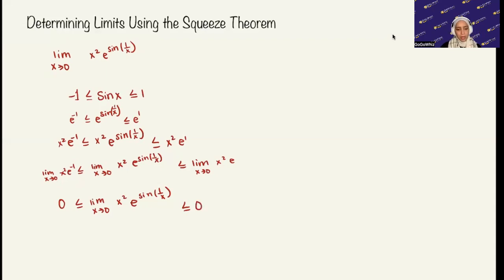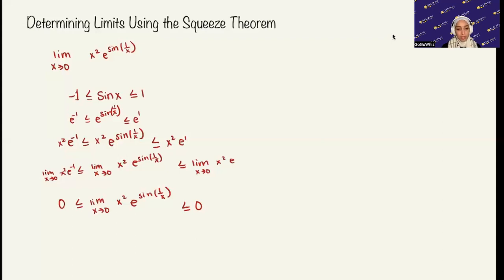And I look at this and I'm saying, okay, well, I'm taking the limit as x approaches 0 of a function, and I'm saying that is squeezed, or that is sandwiched between 0 and 0. Well, that's not an interval, right? We can see that that's just 1 point. So the only limit that would be possible in this case would just be 0, because I can't say that something is in between a point.